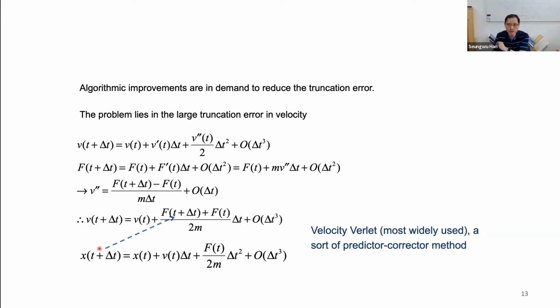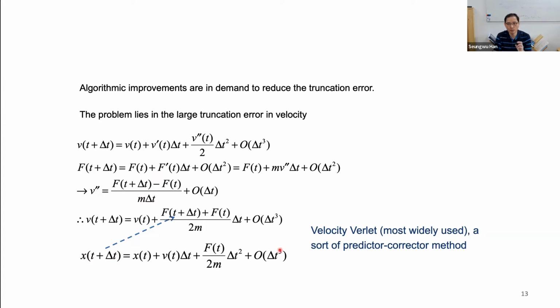And using the position in the next step, this prediction, we can calculate the force, because F equals minus kx, and so the next position gives you an estimate of the next force. And using this force, we can now obtain this difference. And then we have the second derivative of the velocity, which reduces the truncation error in the velocity.